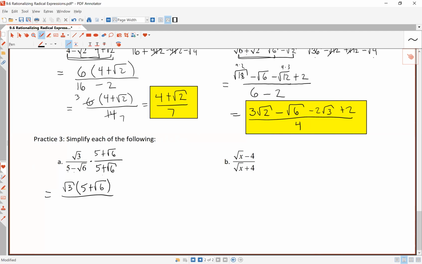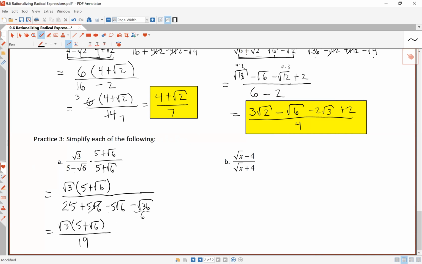We FOIL out the bottom. 5 times 5 is 25. 5 times positive root 6 is 5 root 6. Negative root 6 times 5 is negative 5 root 6. And negative root 6 times root 6 is the square root of 36. This gives us square root of 3 times 5 plus root 6 divided by 25 minus 6, which is 19.